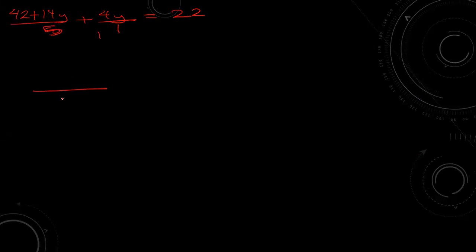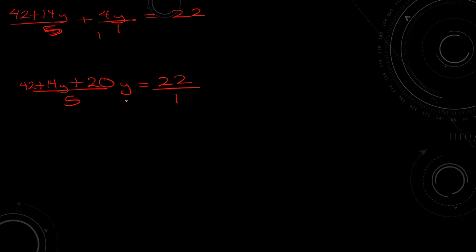It's obviously 5. 5 divided by 5 is 1, 1 times this, 42 plus 14y, will still be 42 plus 14y, plus 5 divided by 1 is 5, 5 times 4 is 20, equals 22 over 1.